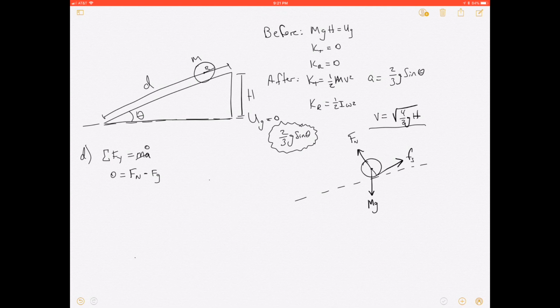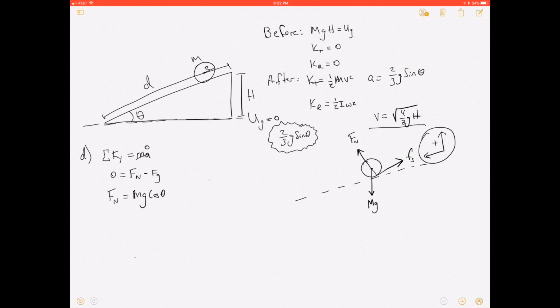Oh, and I should give a sign convention as well, which we're going to say is this, just to make the problem easier. So we know that Fn is going to be equal to Fg, but in this case it's going to be Fg cosine theta. So this is going to be mg cosine theta.